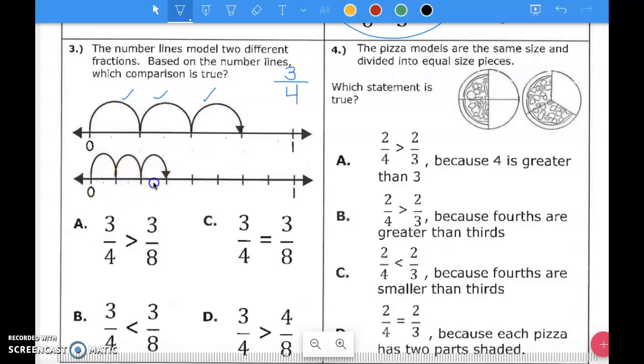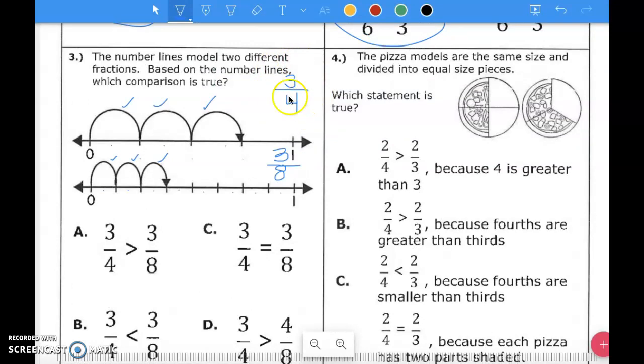1, 2, 3, 4, 5, 6, 7, 8. These are eighths. And how many jumps did they make? 1, 2, 3. 3 jumps. That's 3/8. And I can tell this one is bigger because it went further. Can you see?